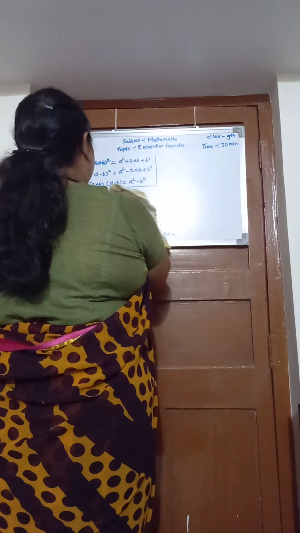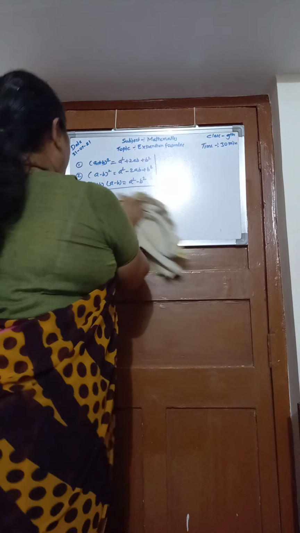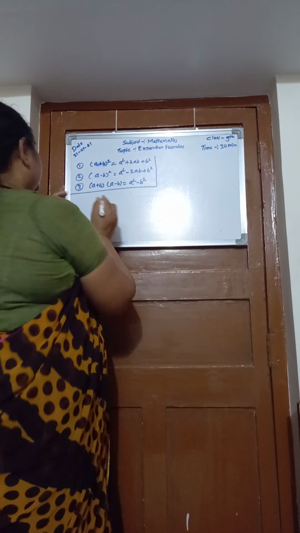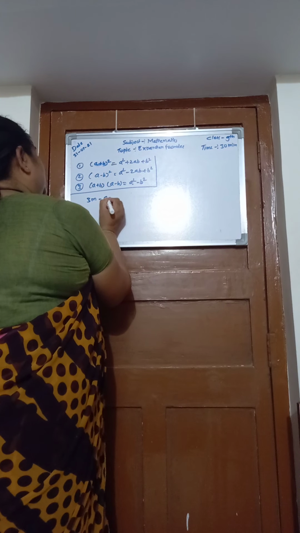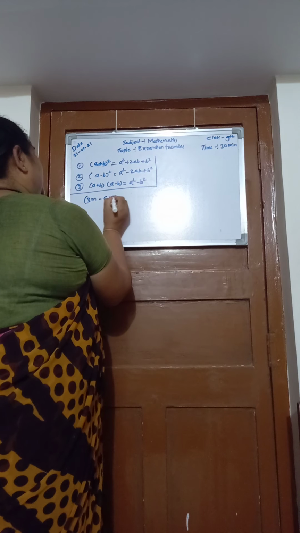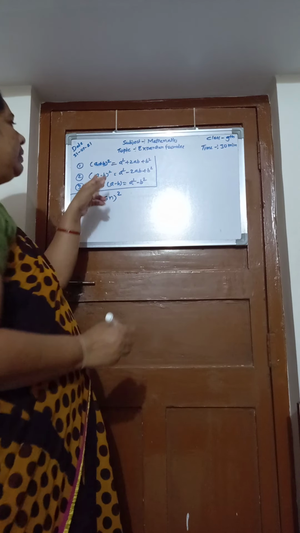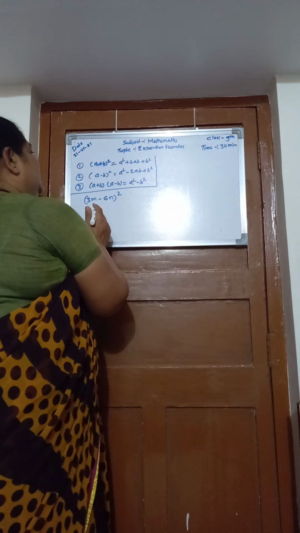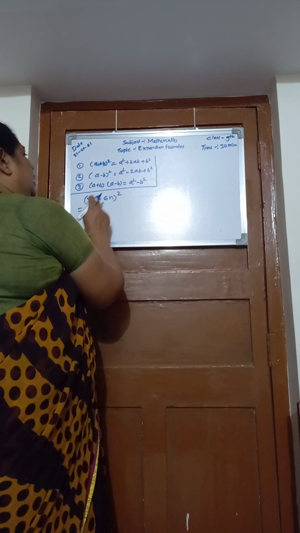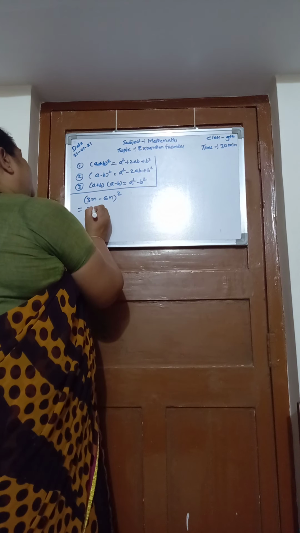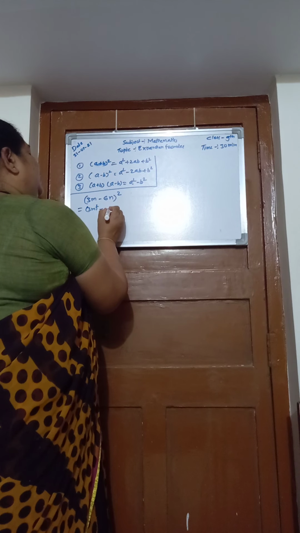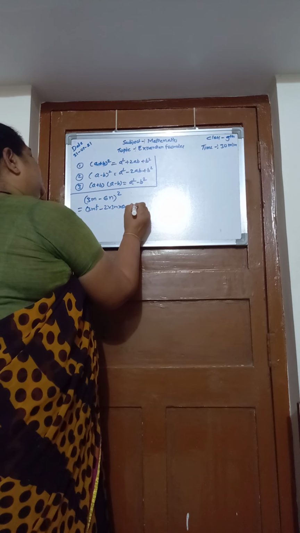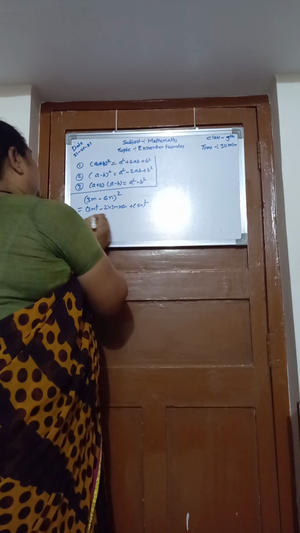I am giving you another example to calculate: 3m minus 6n whole square. You have to calculate it. We can put this in the formula. a equal to 3m, that is 3m whole square, minus 2ab, that is 2 into 3m into 6n, plus b square, that is 6n whole square.